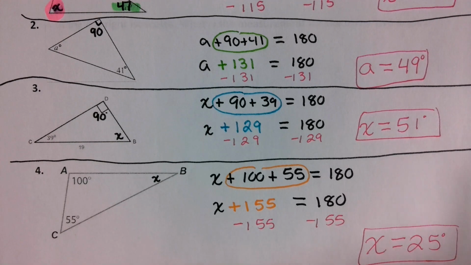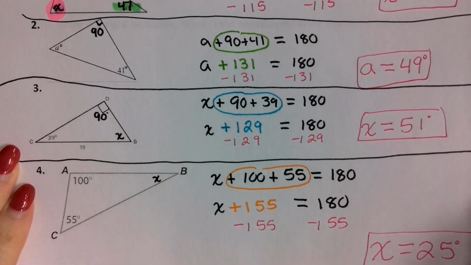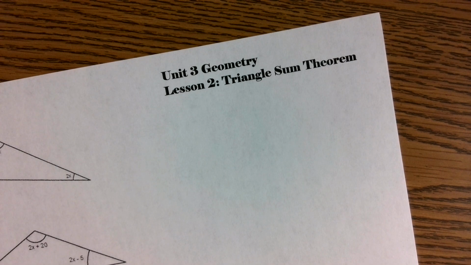Is it always going to be just one angle missing? No. And sometimes it might be expressions instead of just a value of x. So let's go ahead and take a look at the very last page. With the last page, that's set up a little bit different.